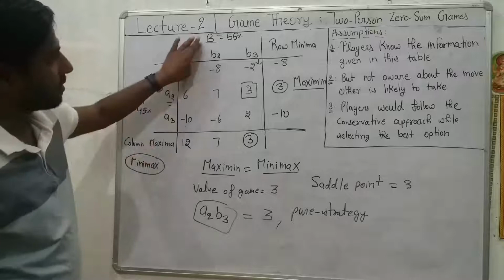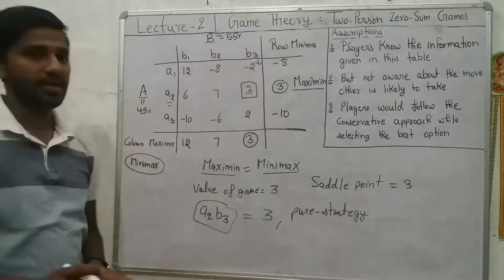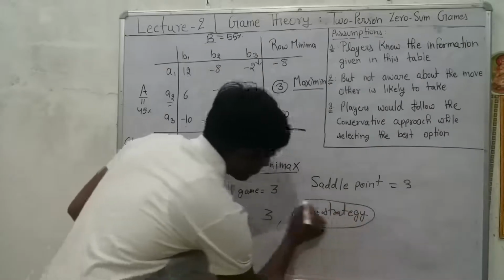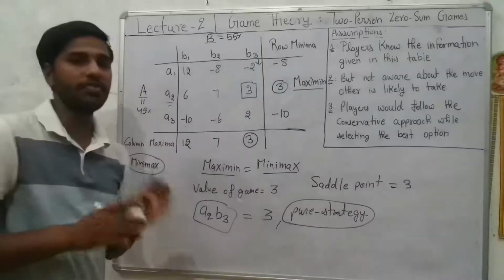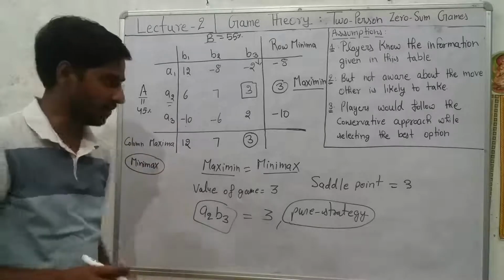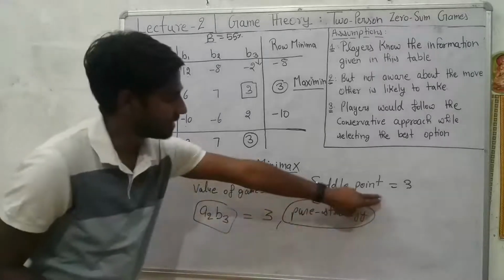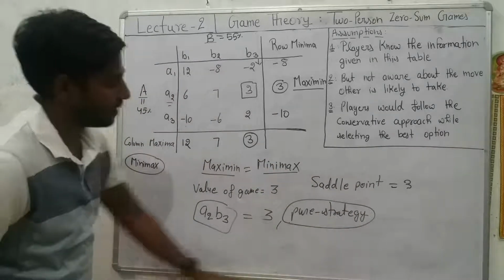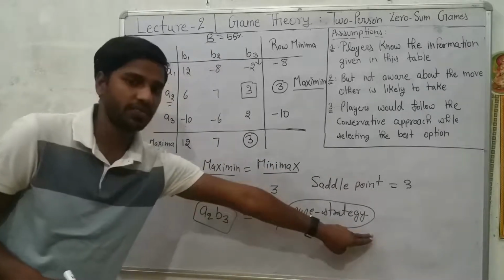Similarly, the other competitor is also selecting exactly one strategy. So we would call them pure strategies. It means there is no combination of strategies. There is a single strategy in a particular game. So when there is a saddle point in a game situation, there would always be pure strategies from the competitors.